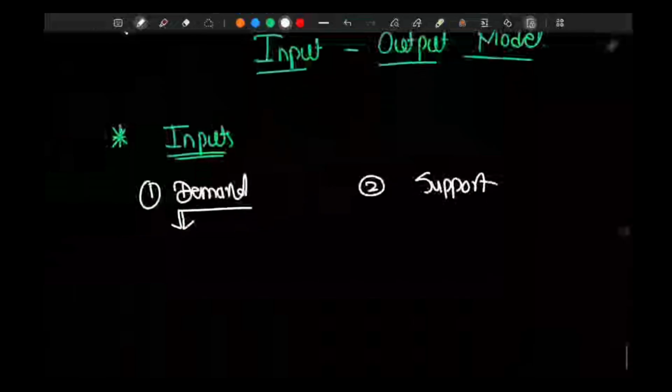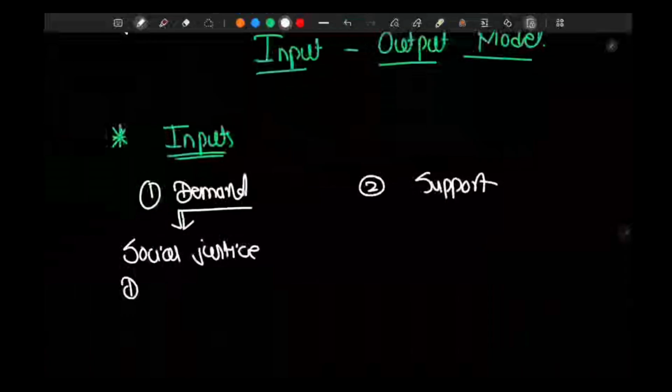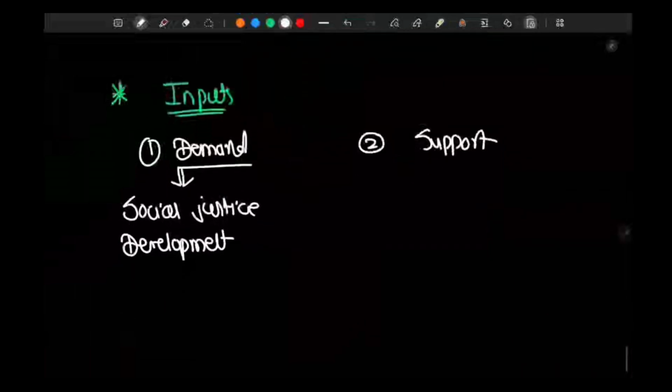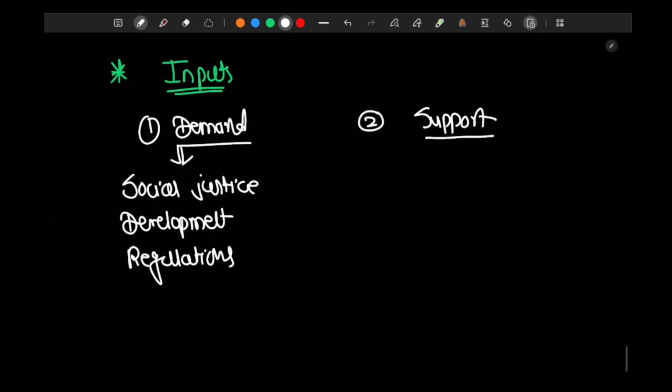Demand for social justice, for development, for regulations. I will make you understand everything with an example as well. For now, let's just stay with the jargon and technical terms. So what are demands? Demands are of social justice, of development, of regulation.